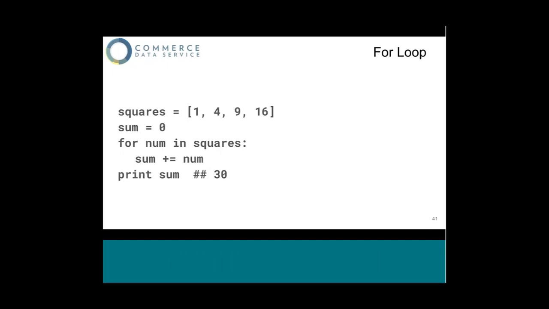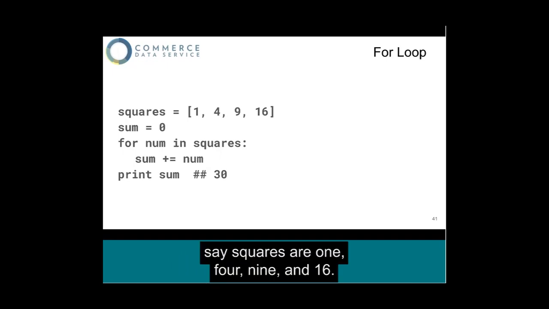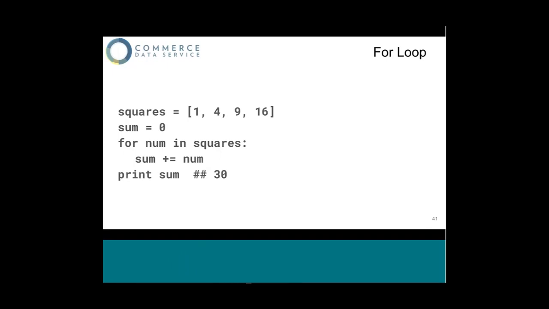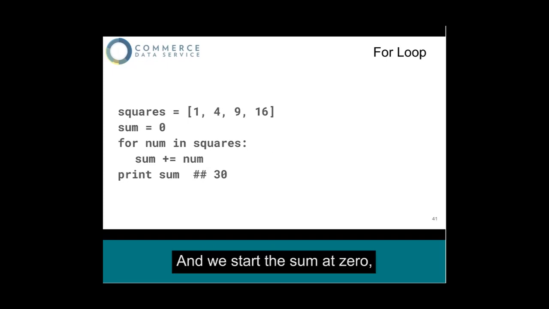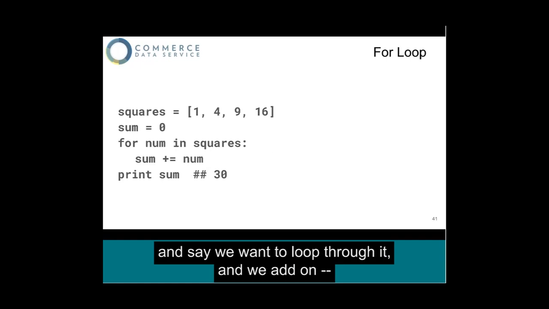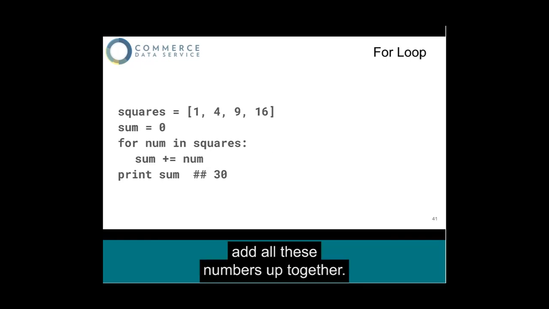So here we have an example. Say squares are 1, 4, 9, and 16, and we start the sum at 0. Say we want to loop through it and add all these numbers up together.